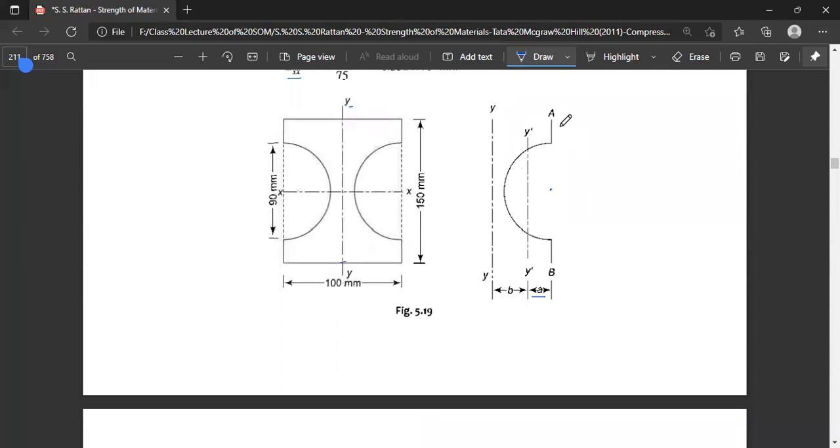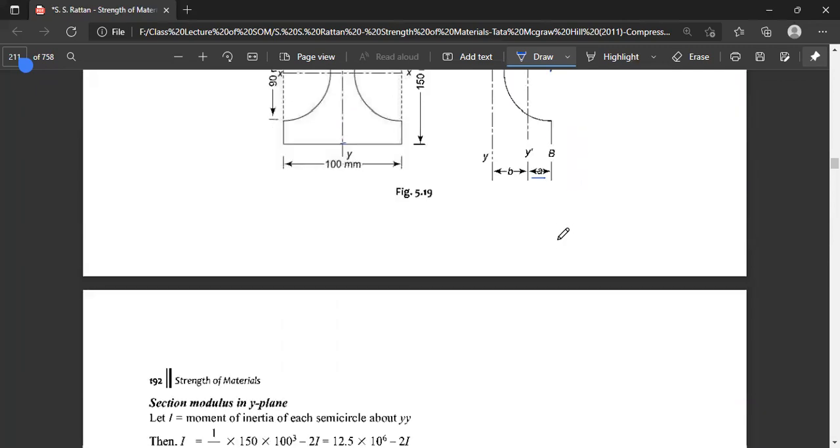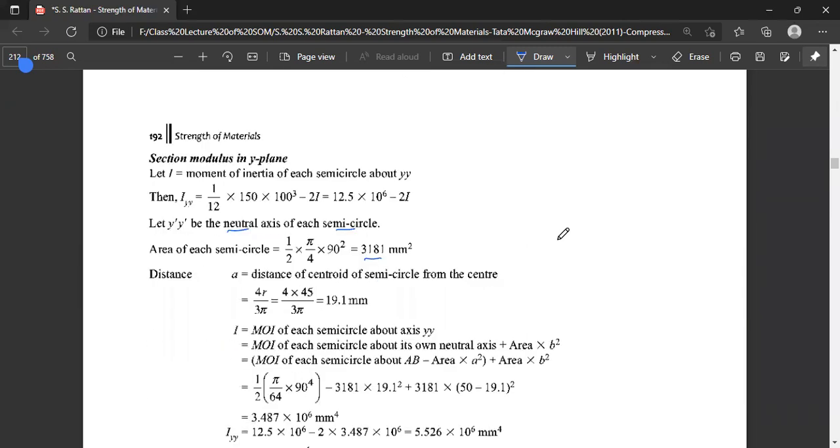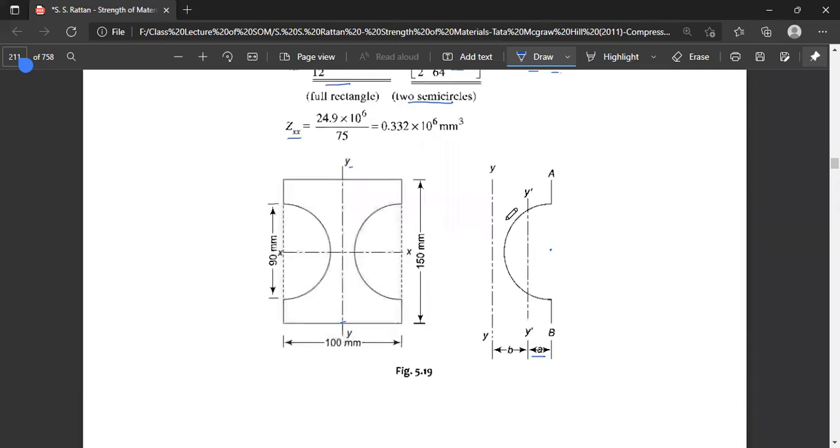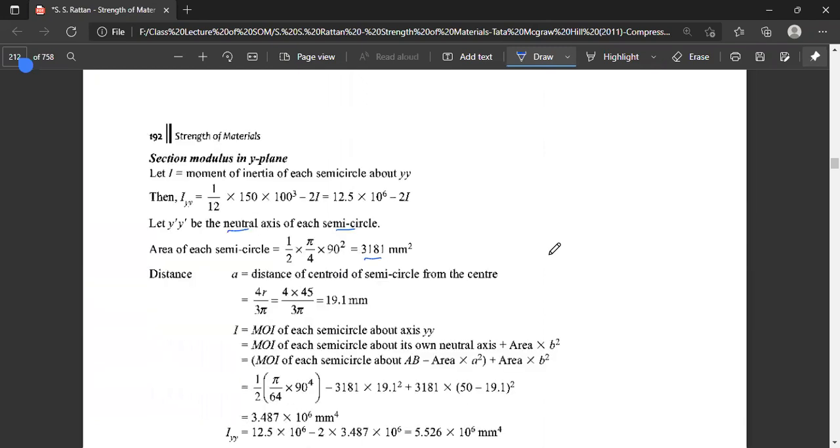This is AB. So you have to find out the moment of inertia of each semicircle about it, and as we want the moment of inertia about the y-axis, you have to transfer the moment of inertia of this semicircle multiplied by the distance from the y dash axis to AB.